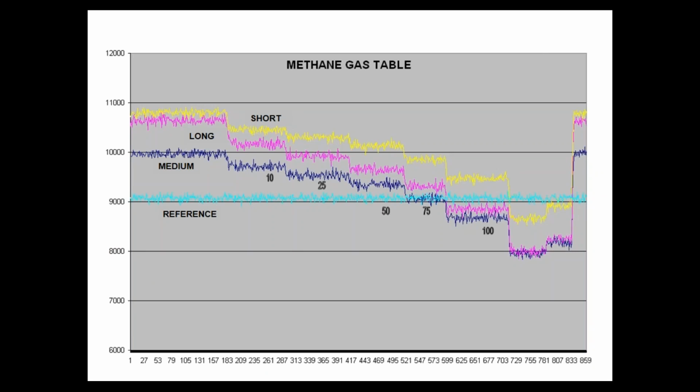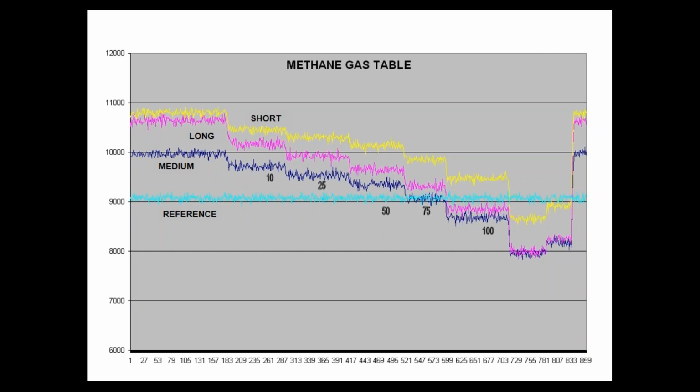The determinator is a 4-detector IR unit. What that means is we use one channel for a reference channel and 3 active channels. And what that tells you is that we actually are looking at 3 different wavelengths of light. We are the only ones in the world that I believe do this.